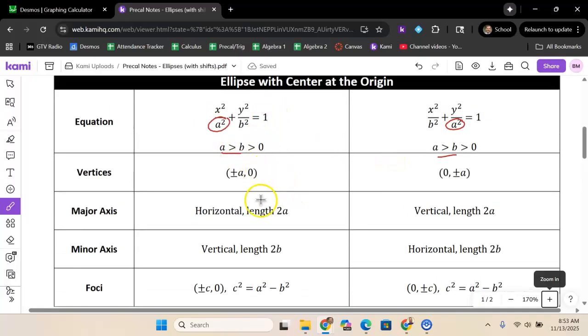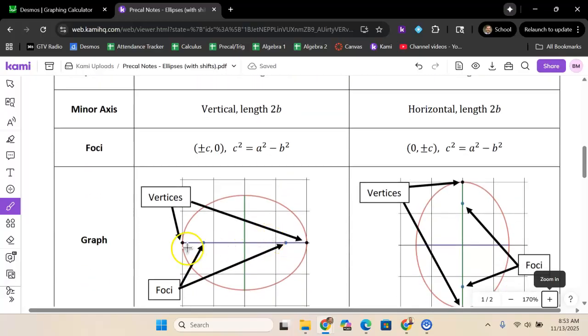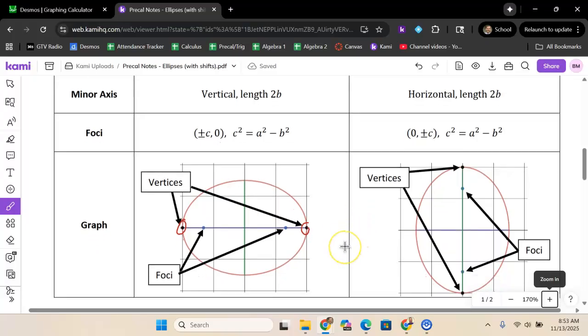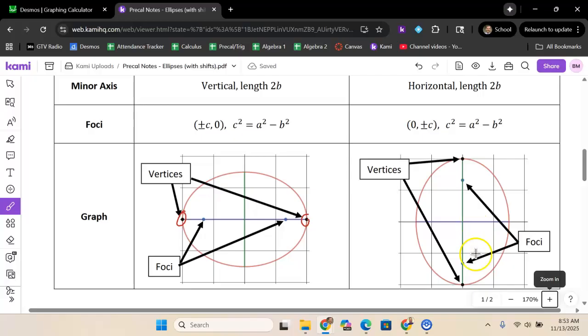We're just going to follow through all the rest of this information, finding the vertices. Again, not just a singular vertex, but the vertices. Those are going to be the endpoints on the major axis. So the major axis is the one that is stretched more. The vertices being the endpoints of how that is stretched. So if it's horizontal, those will be on the x-axis. If it's vertical, those will be on the y.